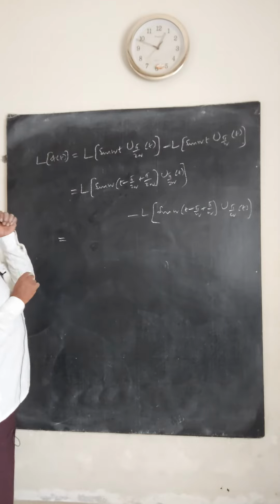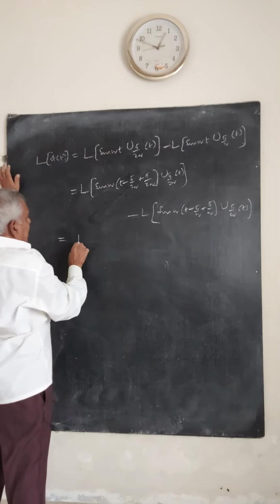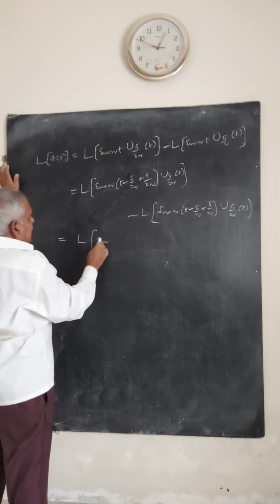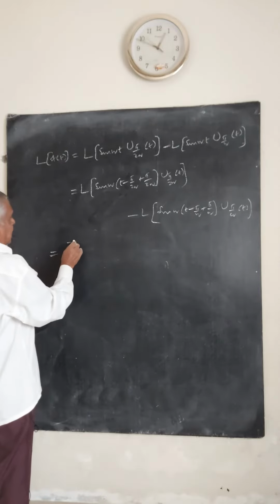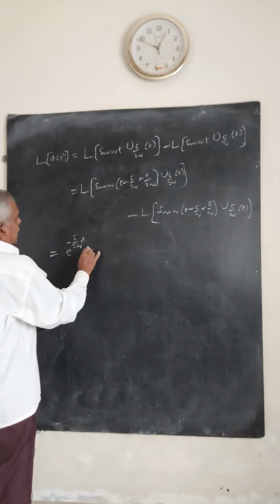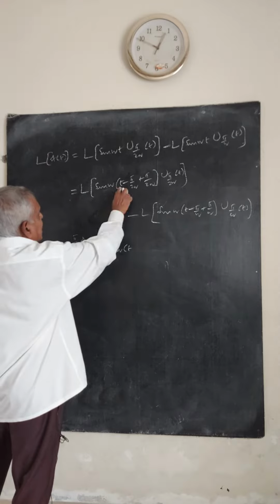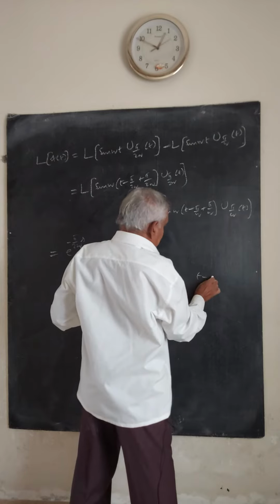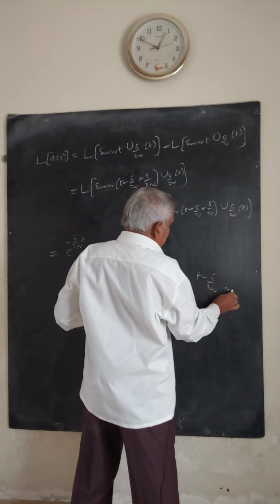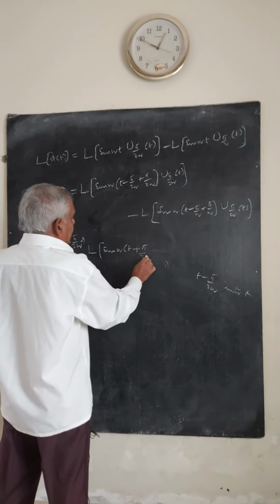Applying the unit step function rule, a is pi by 2 omega, which is changed into t. The e power comes out: e power minus pi by 2 omega times L of sin omega into t minus pi by 2 omega changed into t plus pi by 2 omega.